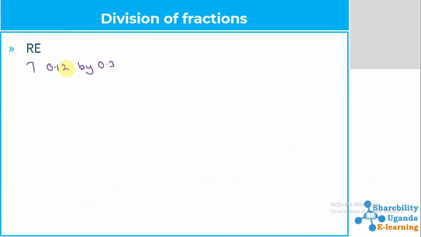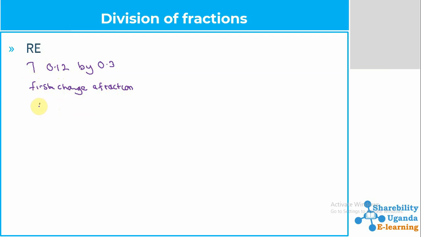So how do we solve this? This is also a decimal and a fraction. Number 1, we first change to a fraction.